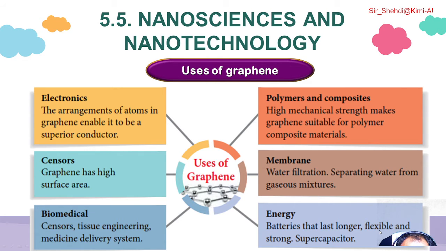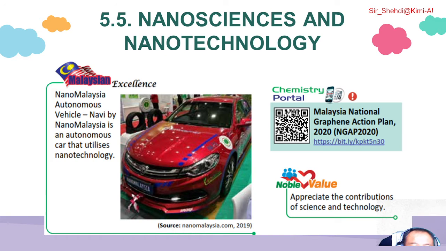The function of a capacitor is to store charges. Nano Malaysia autonomous vehicle, that means without driver. All is fully electronic. This is the QR code, so you scan after this.